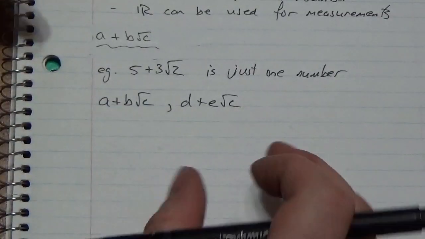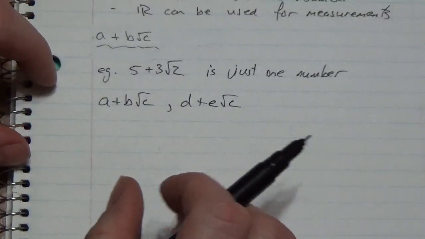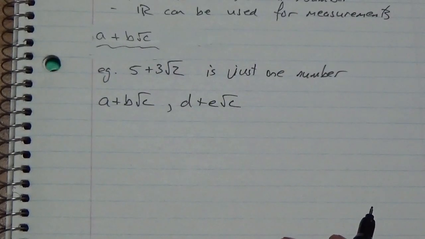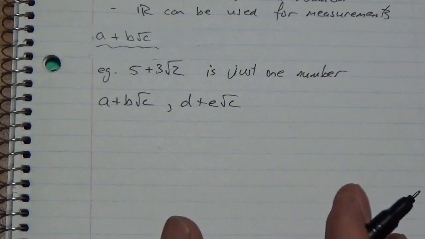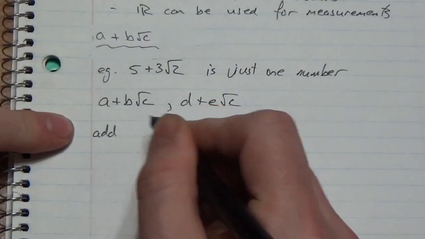What I want to do for just a couple of minutes is show you how numbers of this form make what we call a field. You don't have to worry about the vocabulary for right now, but I just want you to see a couple of properties. First of all, I want you to see what happens when you add them.